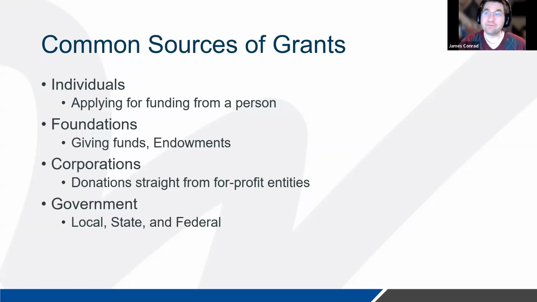And of course, we have the government, and each government level can have grants that are given out to organizations: local, state, federal. There's been a lot of news recently about federal funding and the current new administration and their handling of funds.